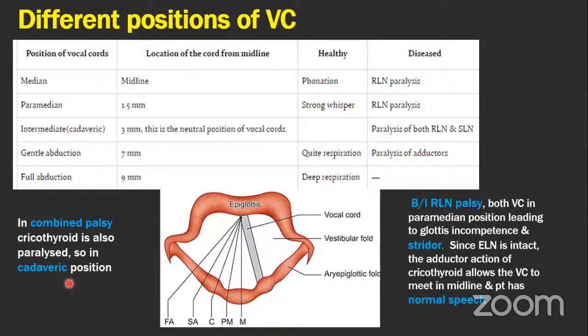If the cricothyroid is functioning because ELN is intact, then the vocal cord will assume only a midline or a paramedian position and the speech will be normal also. Right. So remember the Wegener-Grossman law.